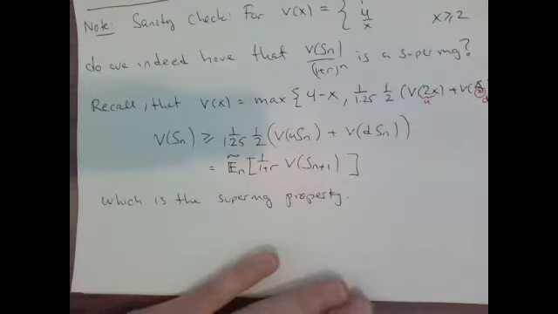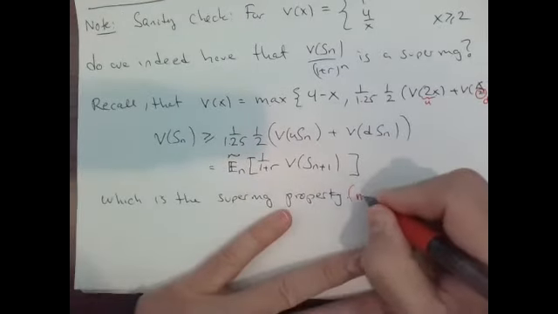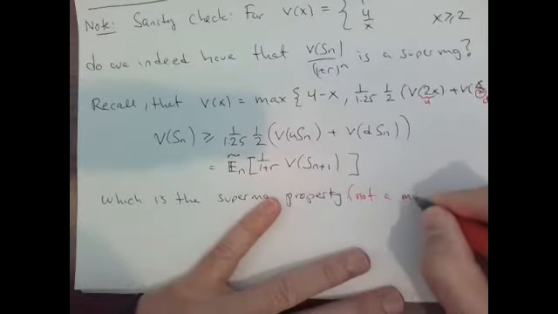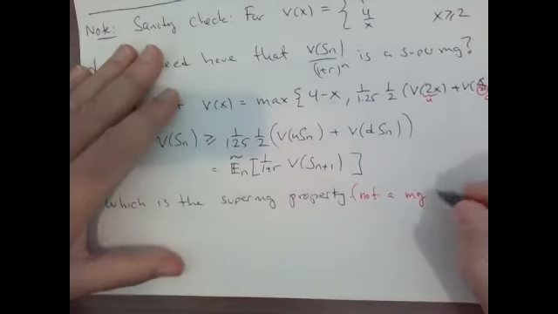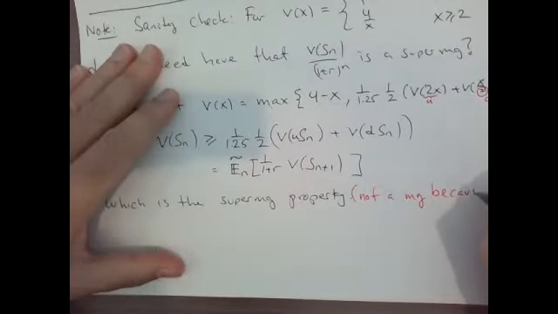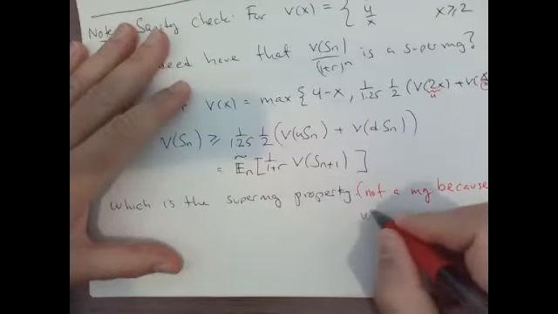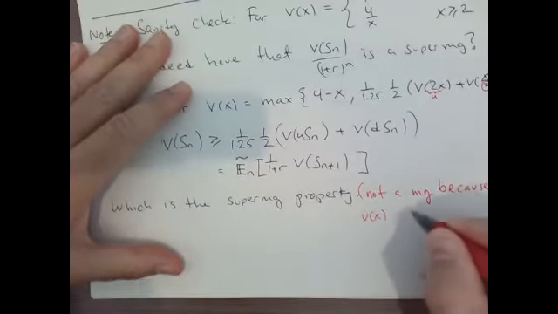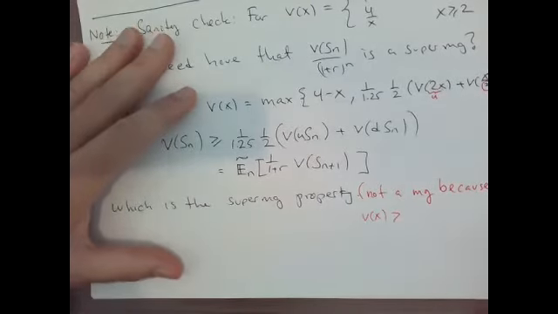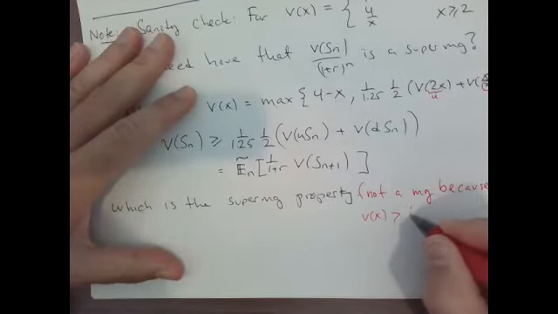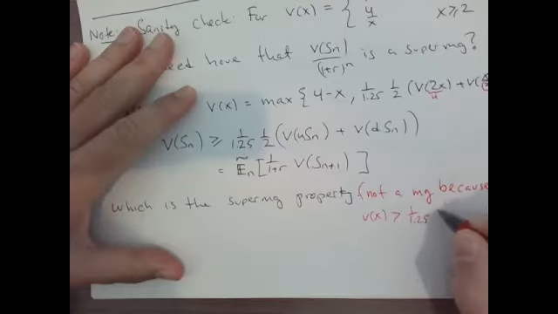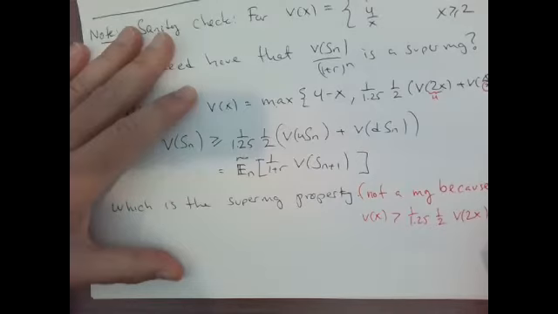So this is the super martingale property, and this is not a martingale, because V of x could be strictly bigger than 1 over 1.25, 1/2 V of 2x plus V of x divided by 2.